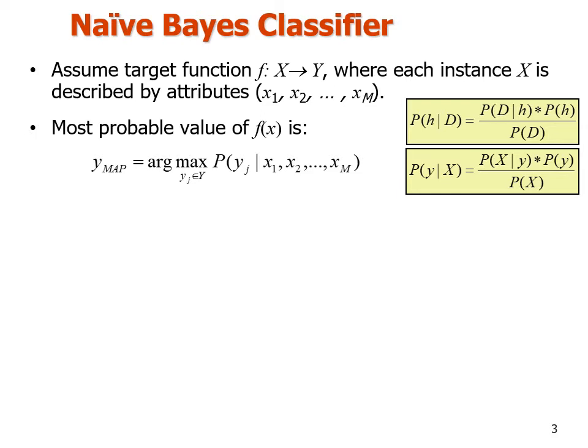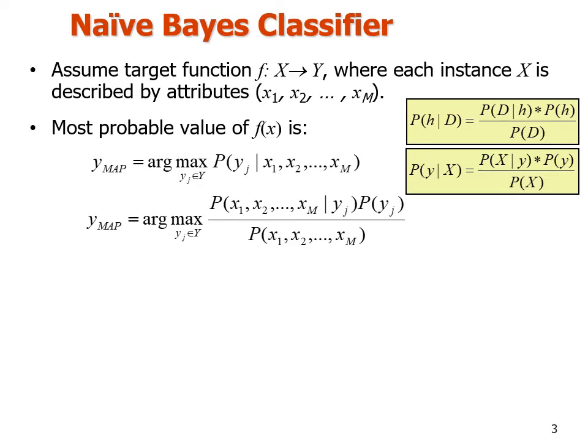Using this Bayes theorem now, we are going to rewrite our expression for y map. What we are trying to do here is replace our x by the vector x1, x2 up to xm. So now our expression will become as shown here on this slide.